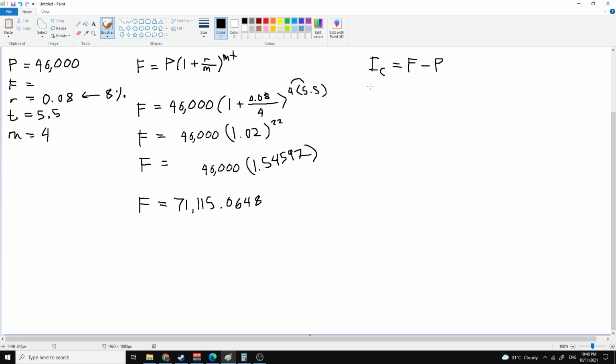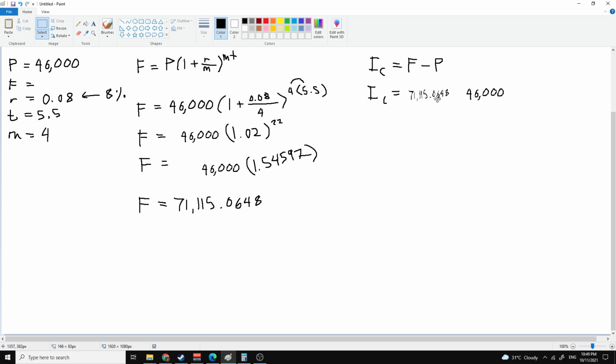So 46,000 goes into our principal value, and we subtract it from this variable.